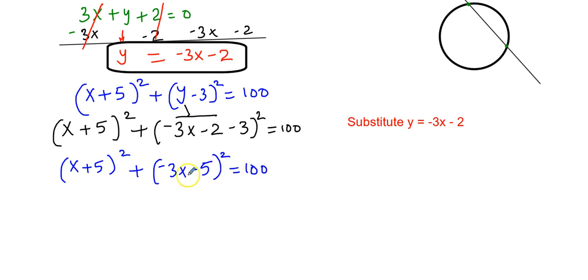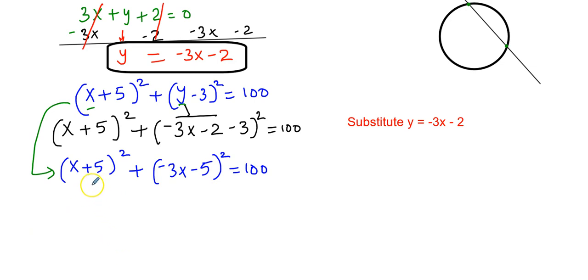Now you will see that from the equation of a circle having two variables x and y, these two variables x and y are now changed to a single variable: (x + 5)² + (−3x − 5)² = 100. So now solving this equation is easier than having those two variables, right? So let us proceed. Then (x + 5)². What is the square of x + 5?